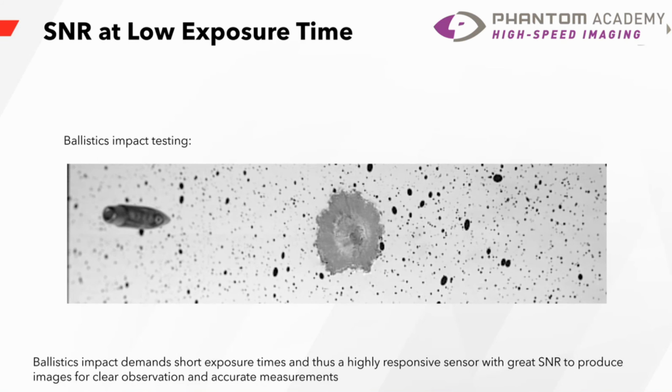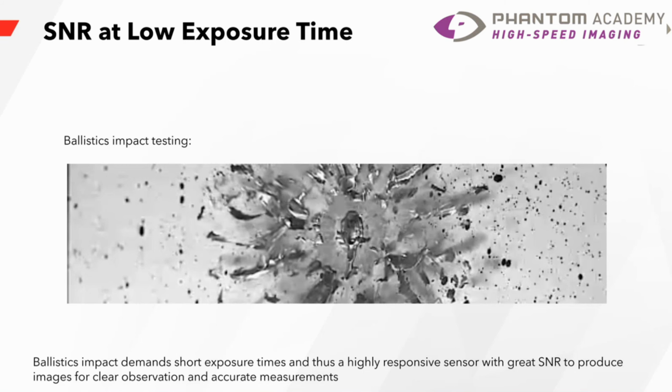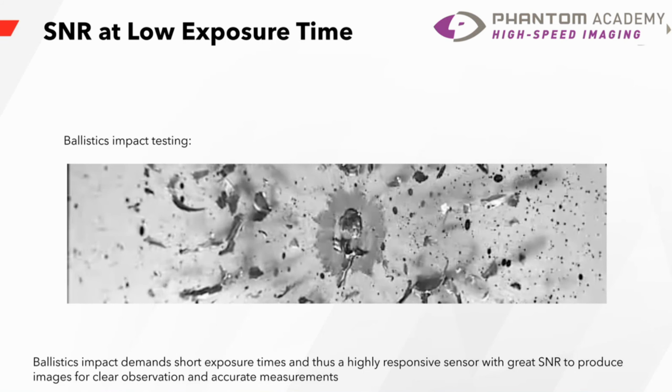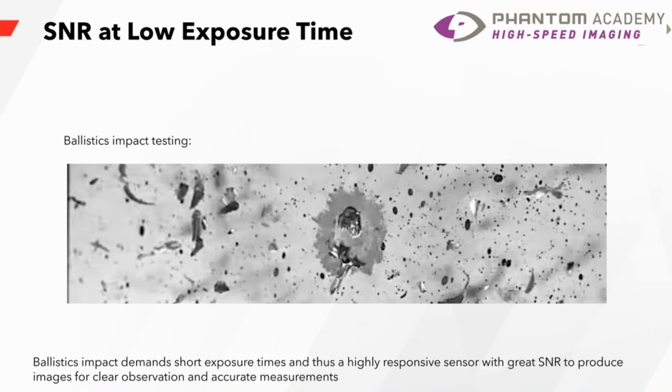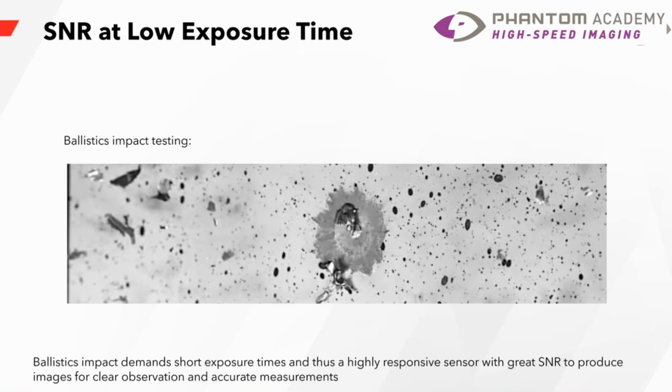It's very important to have extremely good SNR, especially at low exposure times. Ballistics is a really good example of that. Ballistics experiments demand that you run very, very high frame rates, thus very short exposure times, for impact tests. So here we have a camera set to 1.4 microseconds.